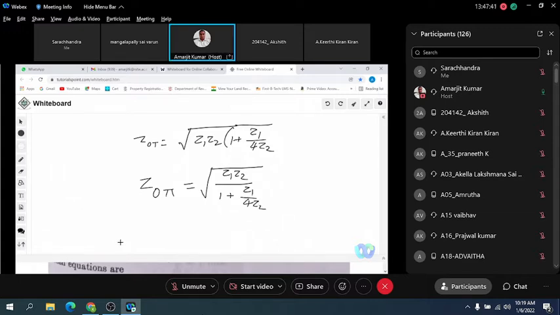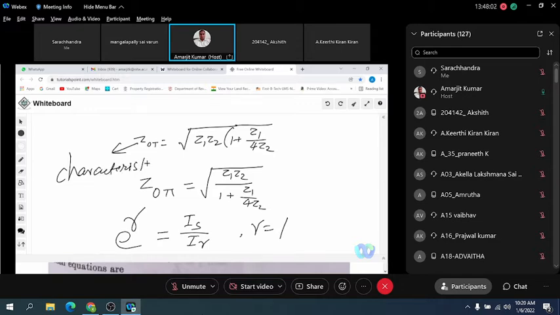Now we have to calculate the exponential of the propagation constant, which I told is the ratio of input to output current, Is upon IR. So we have to calculate gamma. Gamma is the propagation constant, and Z naught is the characteristic impedance of the T section or pi section.